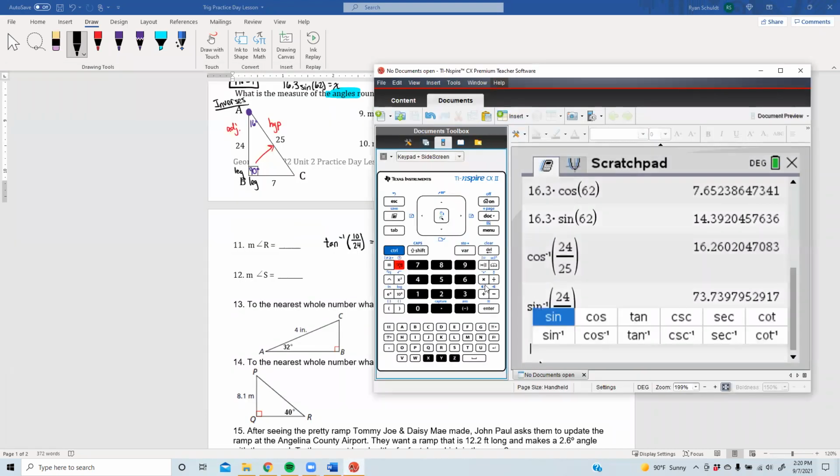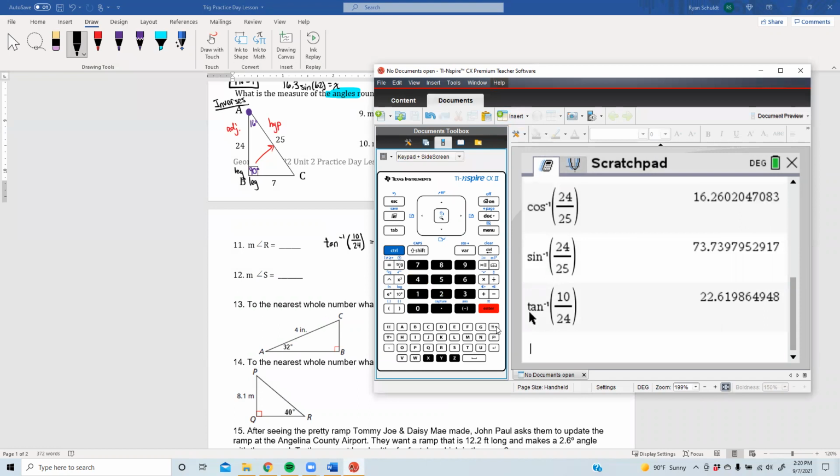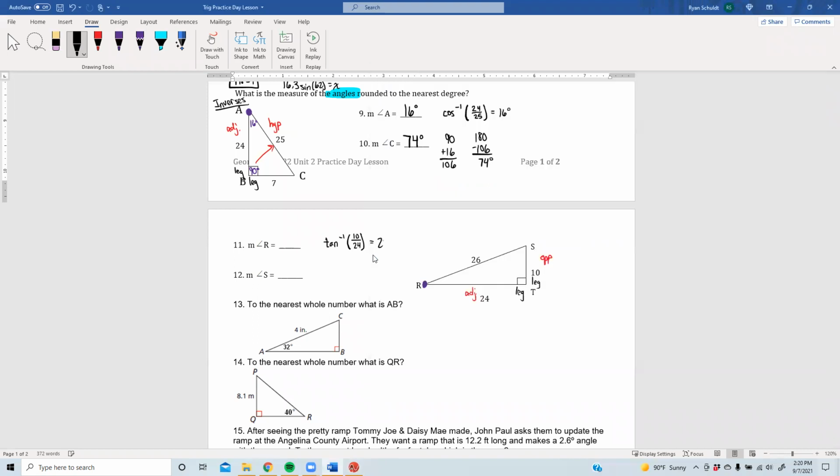I'm going to do the tangent inverse of 10 divided by 24. So you give me 23 degrees for R. R is 23 degrees. This box means this angle is 90 degrees.